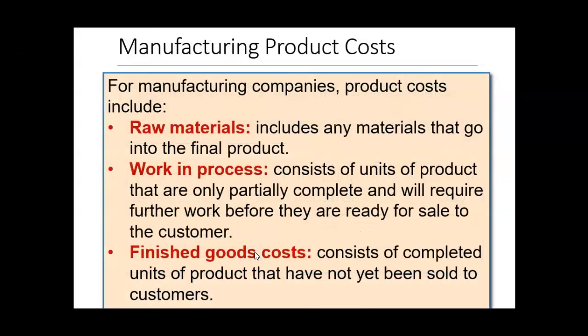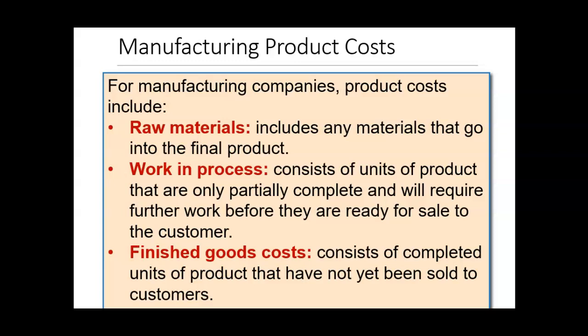So we'll look at the different types of product costs. We begin with our direct material costs. We begin with the raw materials. For a manufacturing company, that could be the steel that's used to produce an actual automobile.